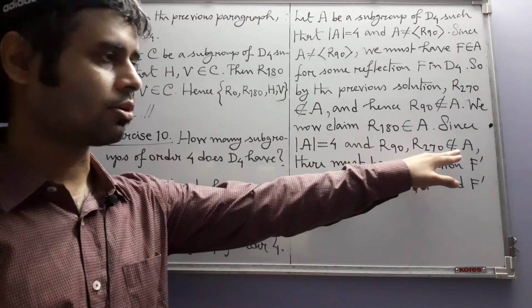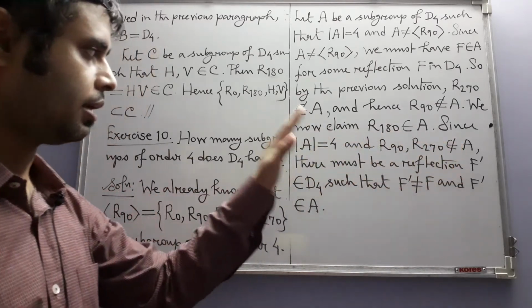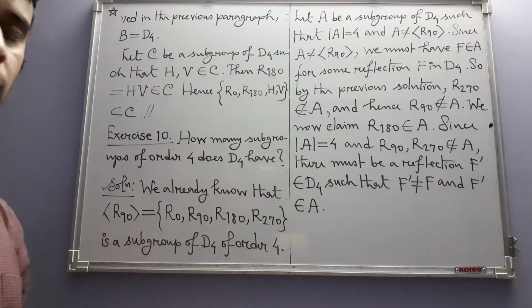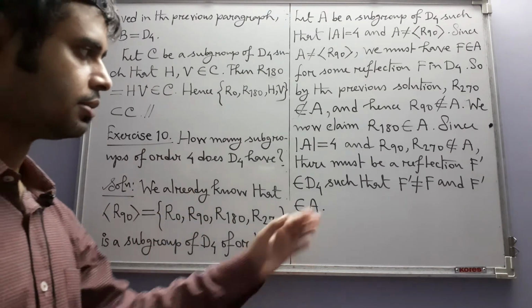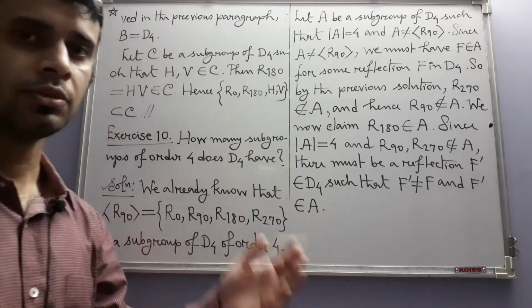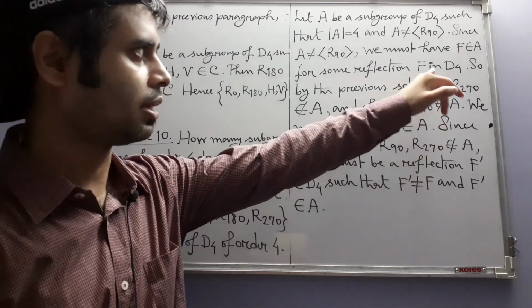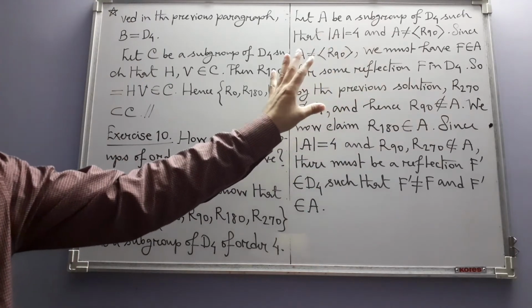These 2 rotations already cannot be in A, and A has the rotation R0, so it can have only one more. In any case, you will always have a reflection in A that is different from the original one f that is already there in A.